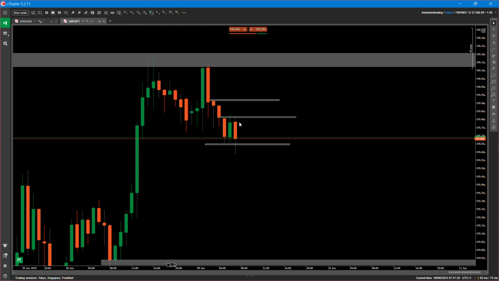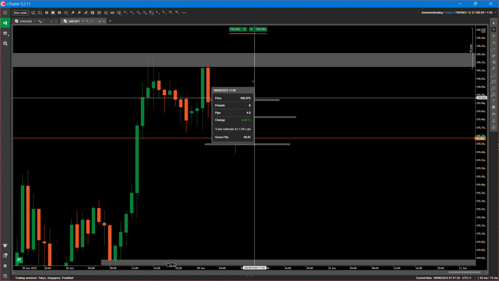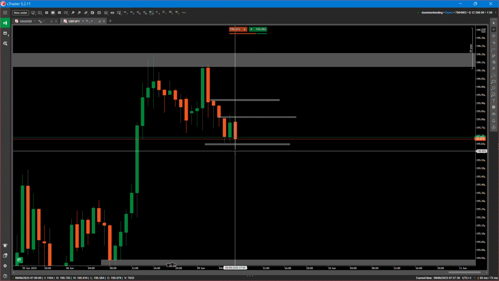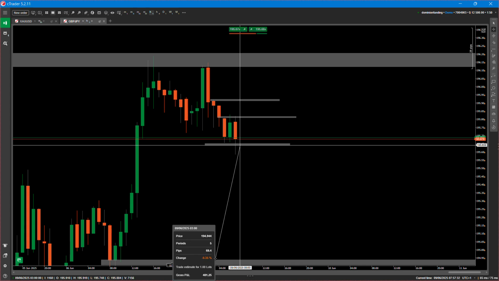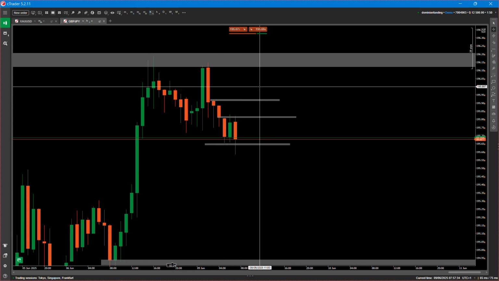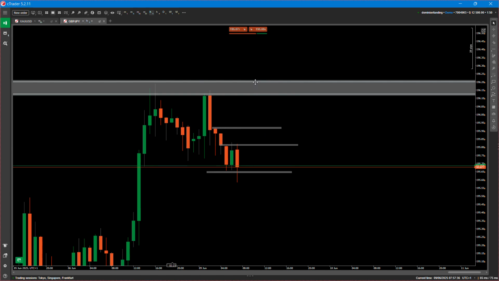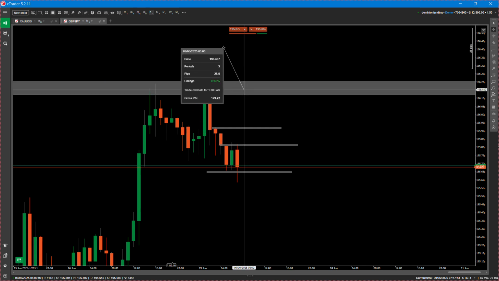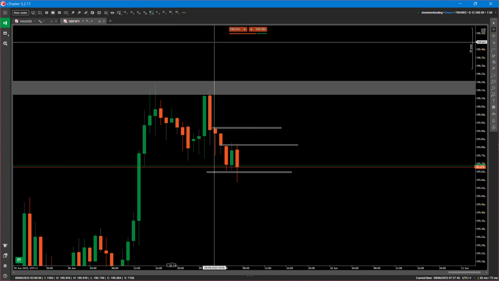For DJ, I prefer selling more than buying, and you can only buy from this area since we don't have enough range. We have more range here compared to here. So I think I'm more comfortable buying from above here. If the market breaks above here, I'm more comfortable to have another range in this area.